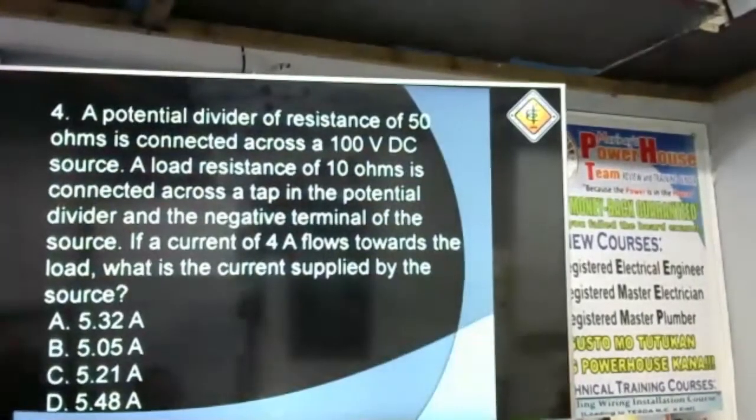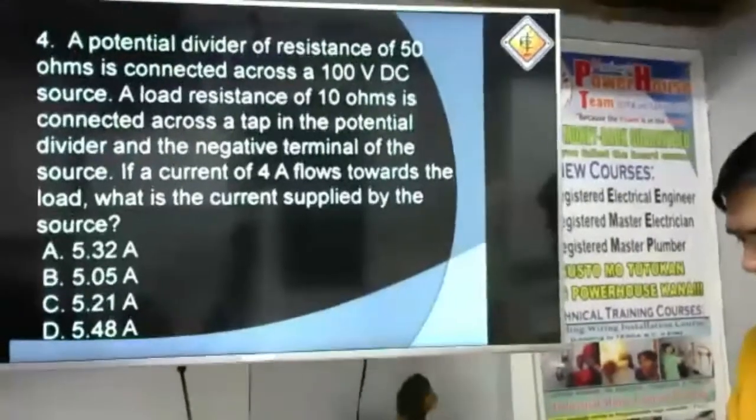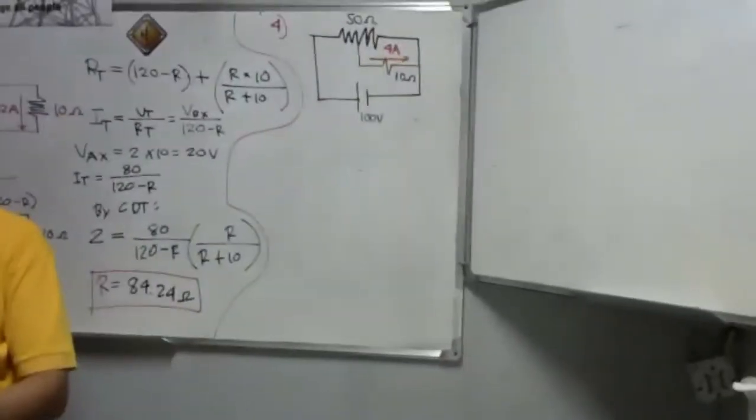What is the current supplied by the source? Well, that is the question. Yan ang hinahanap sa problem natin.